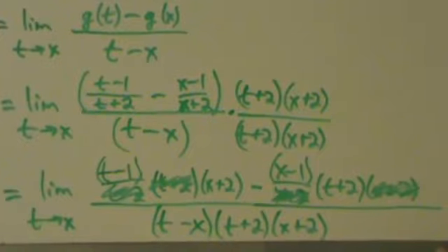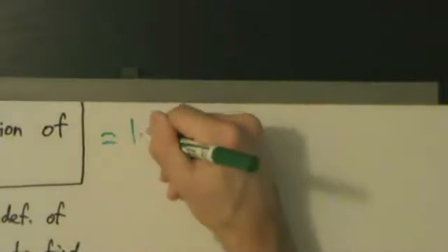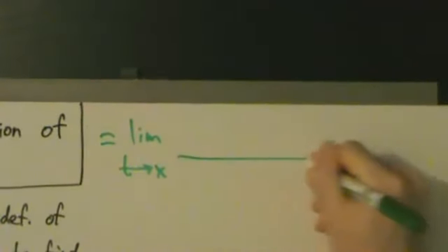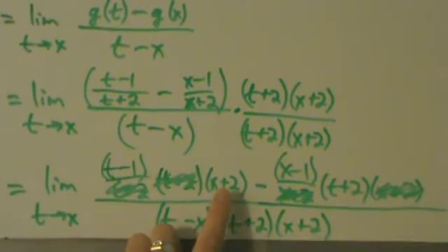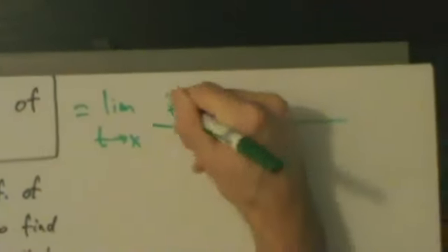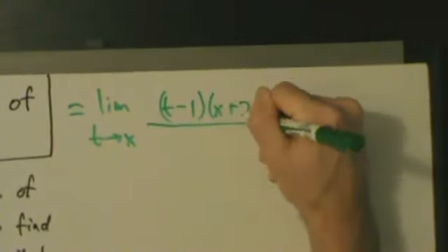So let's go ahead and rewrite all that up here at the top. So this is going to equal the limit as t approaches x of, just to recap, (t minus 1)(x plus 2) minus (x minus 1)(t plus 2).